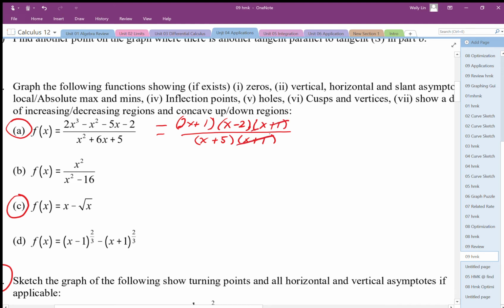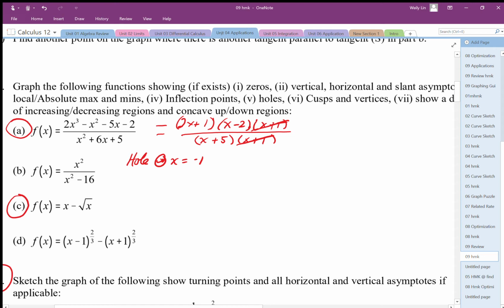Okay, in this case there is this x plus 1 factor, so we want to make note that that's going to be a hole at x equals -1. We also want to make note of our two zeros here.